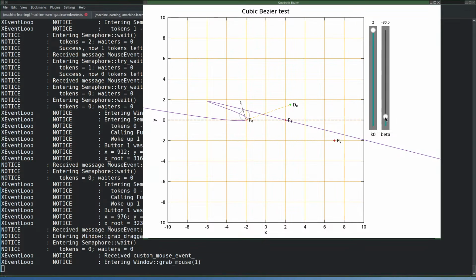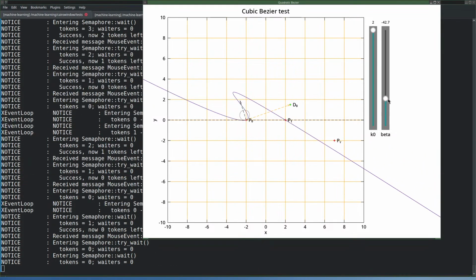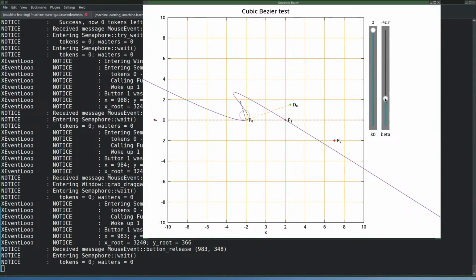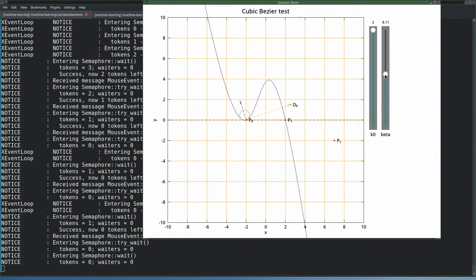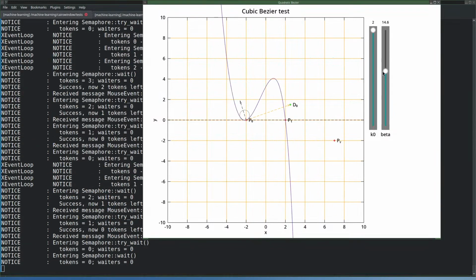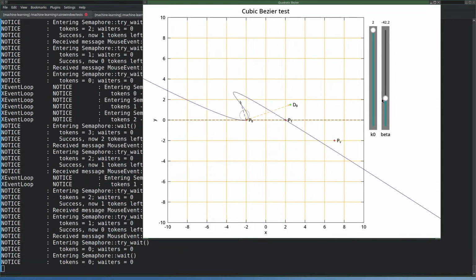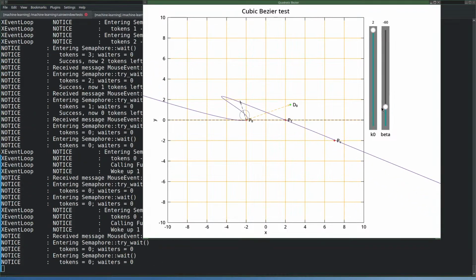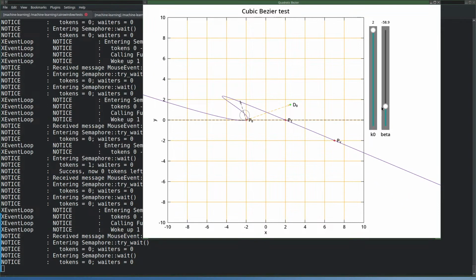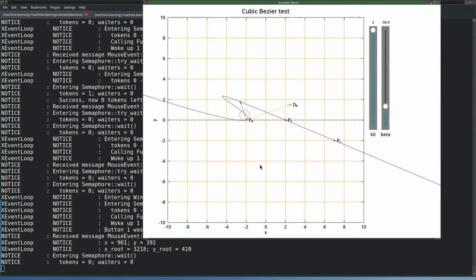More curvature. Somehow I'm not happy. I can't even make something that looks like a smooth curve through P0, P1 and P gamma.